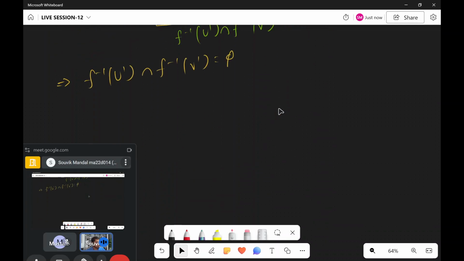This is open in X, and f inverse V' is also open in X. This contains x0, and this contains x1.